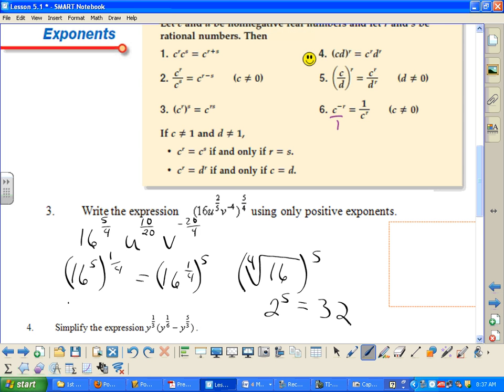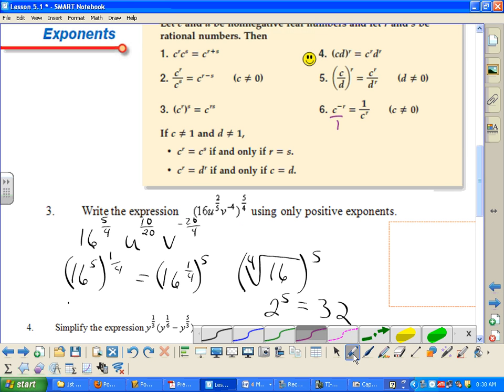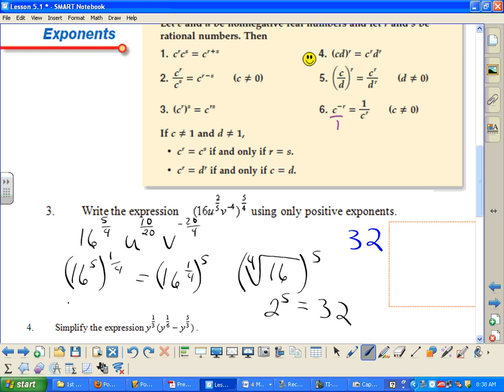So they asked me to write this expression using only positive exponents. The 16 to the 5/4 is 32. So we have 32, and u to the 10/20 is 1/2. And then it says using positive exponents, so I have v to the -20/4. I'm going to put that in the denominator, and it becomes v to the 5th power.